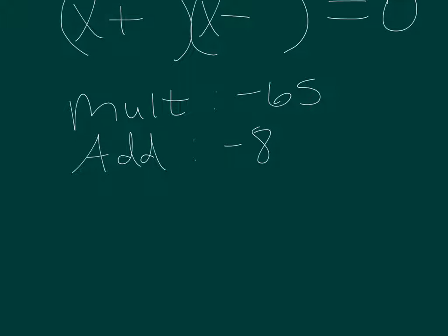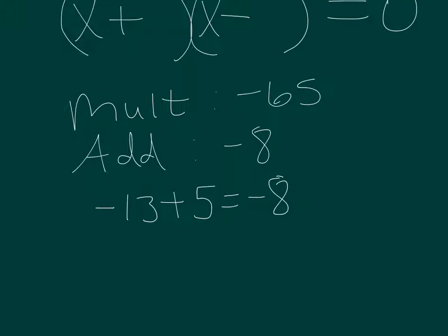So we want to subtract to be 8. And what I usually do is just take the 65 and start dividing numbers and then subtract them and mess with it until you get something that works. In this case, it's going to end up being a negative 13 and a positive 5, because that ends up adding to a negative 8.